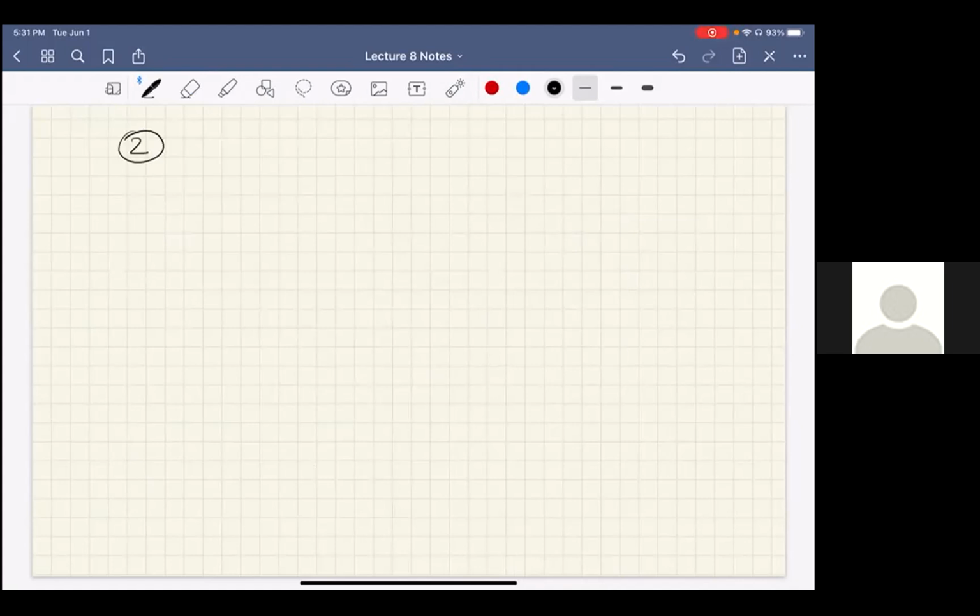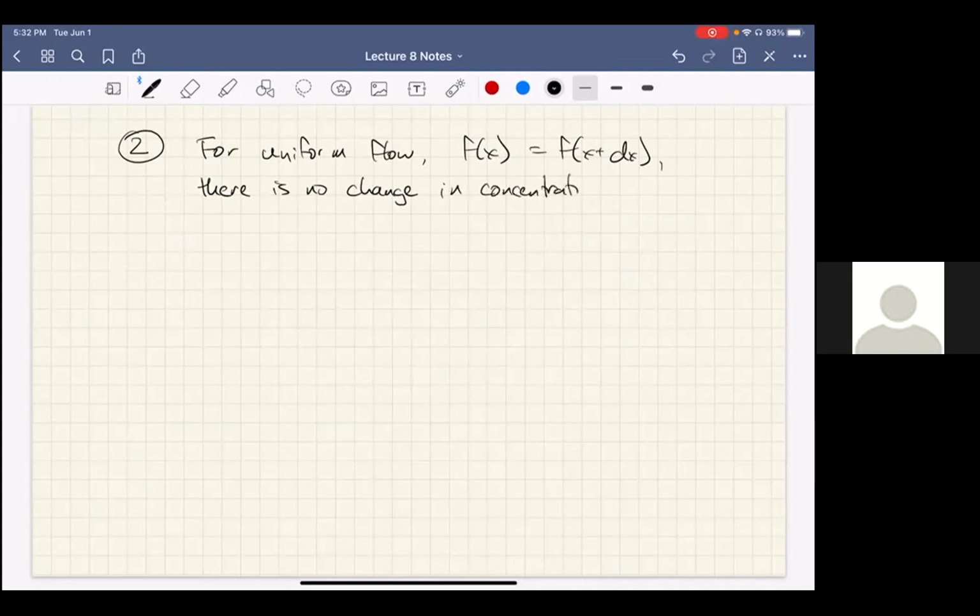Suppose, for uniform flow, i.e. f of x is equal to f of x plus dx, so the flow is uniform, there is no change in concentration in time, because the same solute enters as leaves.